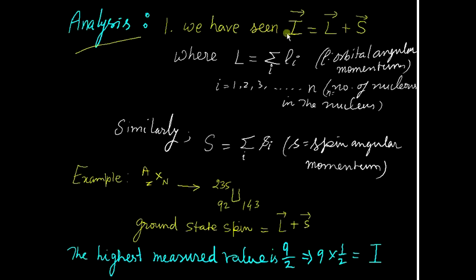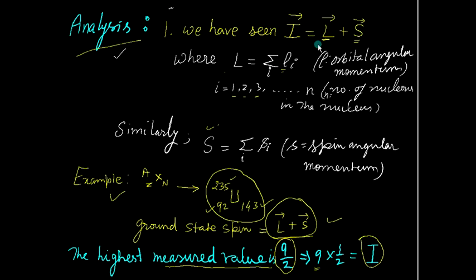First of all, we have seen that nuclear spin is the vector sum of the total orbital angular momentum of all the nucleons and the total spin angular momentum of all the nucleons.